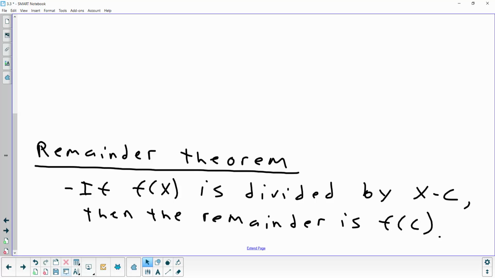Now, unfortunately, the remainder theorem only works in a very specific situation. It only works when you're dividing by something of the form x minus c. C would be a number, like x minus 5 or x minus 8.